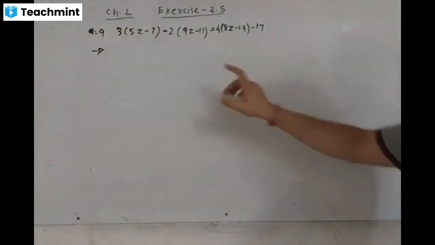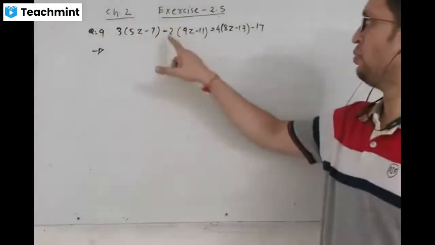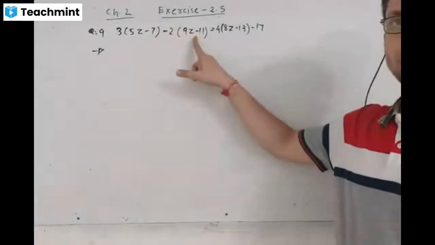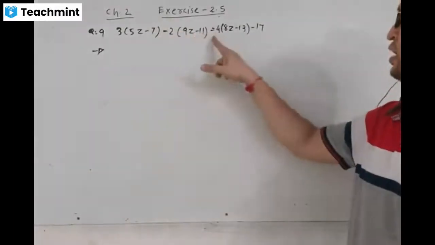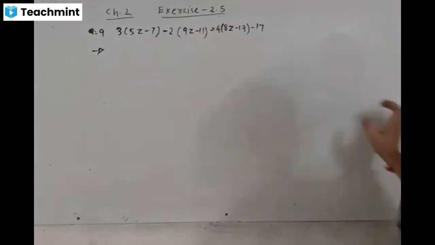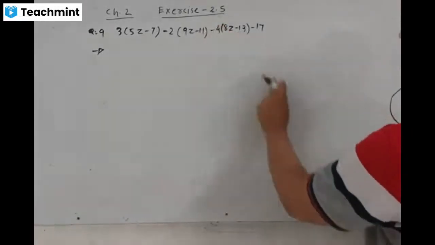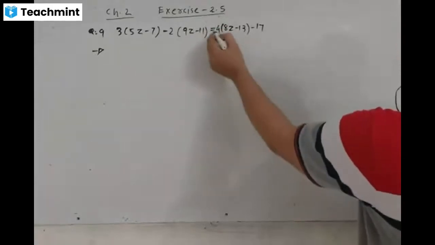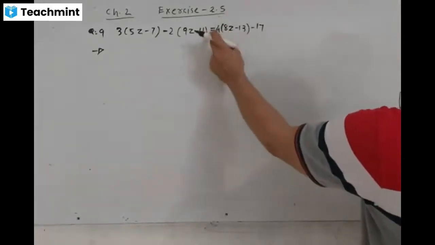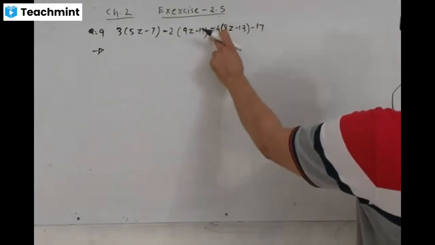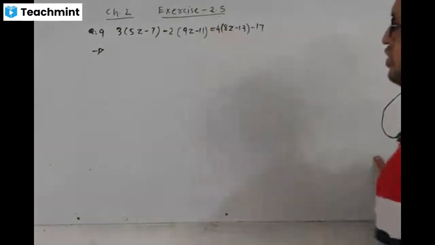3 into bracket 5z minus 7 minus 2 into bracket 9z minus 11 minus 4 into bracket 4z... 8z minus 13 that is equal to 4 into bracket 8z minus 13 minus 7.